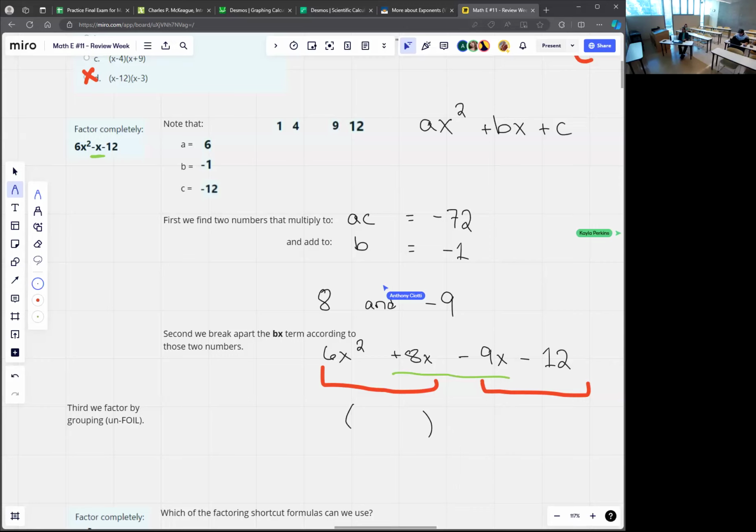Do 3, and then x in the parentheses. 3x isn't gonna work. I could do 2x to make 6x squared, but there's nothing where 3 times something is 8. Oh, right. So I need something else in front.